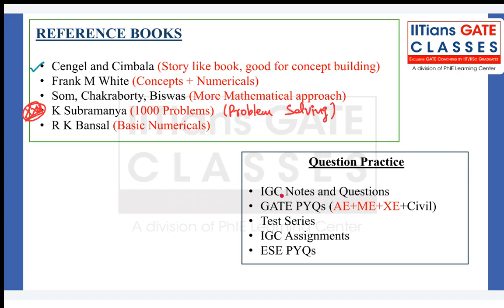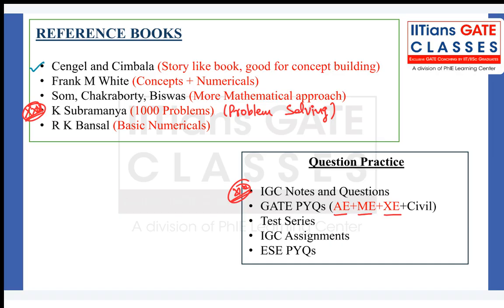First of all, we have the notes which we will provide you and the questions which will be solved during the class. This will be your primary source of understanding any topic. Second, you will go to GATE PYQs, previous year questions for aerospace, for mechanical, and for engineering sciences.